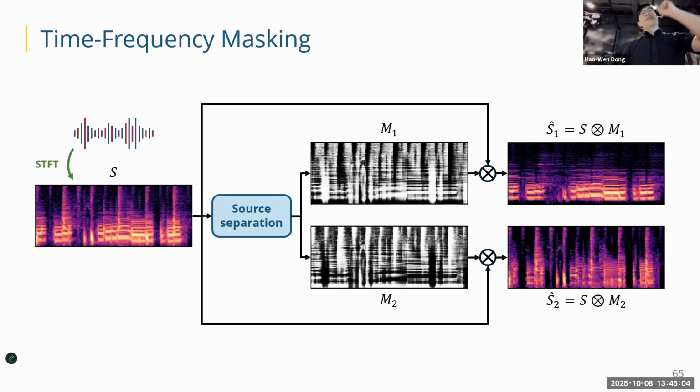But basically it's just doing classification on each time frequency bin. So basically, you grab an audio, turn it into a spectrogram, and for each single TF bin, time frequency bin, you want to see whether it's for source one or source two or whichever source that is.